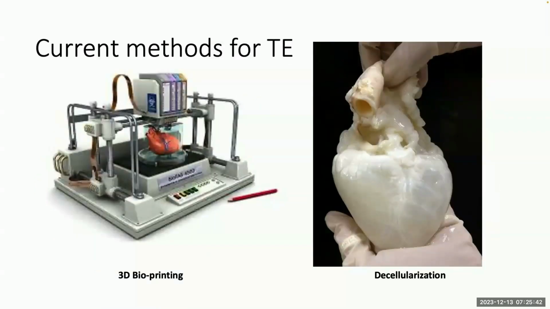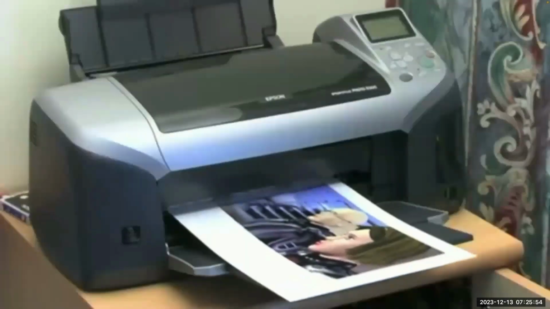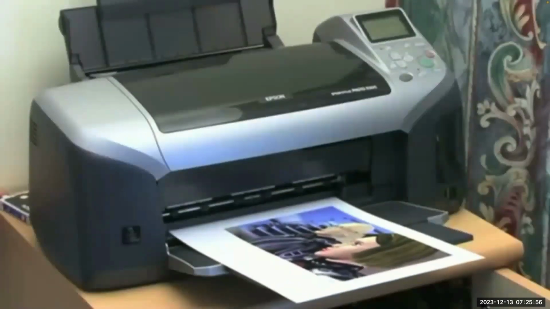So again, going into those methods that I've been talking about. The most current, or the most trendy ones, I would say, are 3D bioprinting, as you have heard, and decellularization. Now, 3D bioprinting actually started at the end of the 1990s.